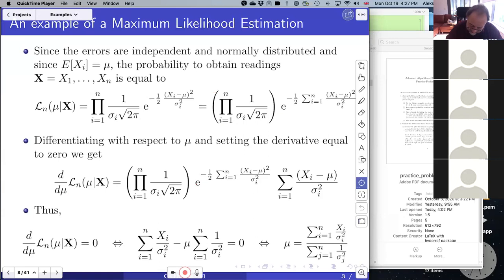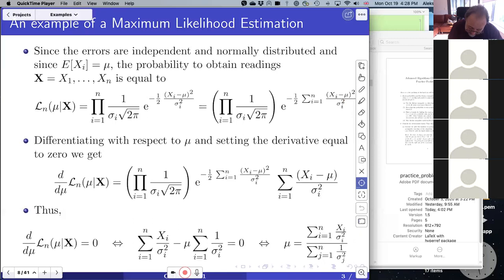The derivative of the exponent will be minus 1/2, and then the derivative of the square will produce a 2 that will cancel this 2 here. And the minus here will cancel this minus outside.